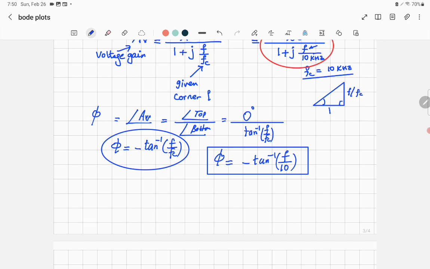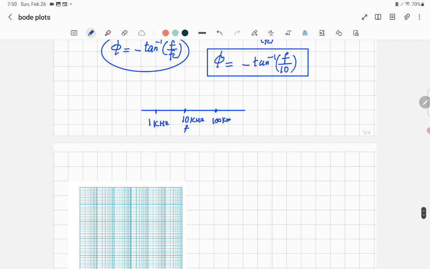But again, I'm going to use ideal plots for the phase. And to do that, we are going to divide the axis of the frequency. As we said, we have three important values. There is one at fc, which is equal to 10 kilohertz. That's the value for f. And before, if we divide by 10, it will be 1 kilohertz. And if we multiply by 10, this one will be 100 kilohertz. That's important, right?